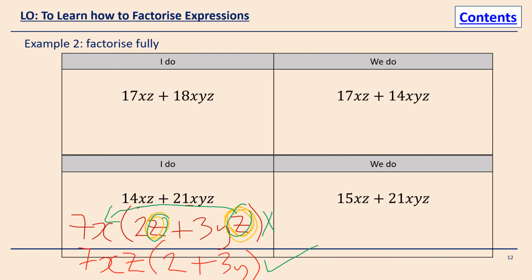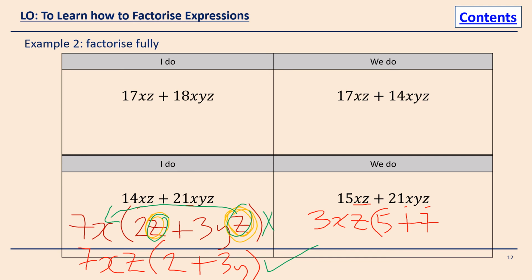Pause the video while you have a go at this one. Okay, 3 goes into both of them, into 15 and 21. x and z is also in both of them, so xz. 3 times 5, 3xz multiplied by 5 is going to give us 15xz, plus 3 times 7 is going to give us 21.